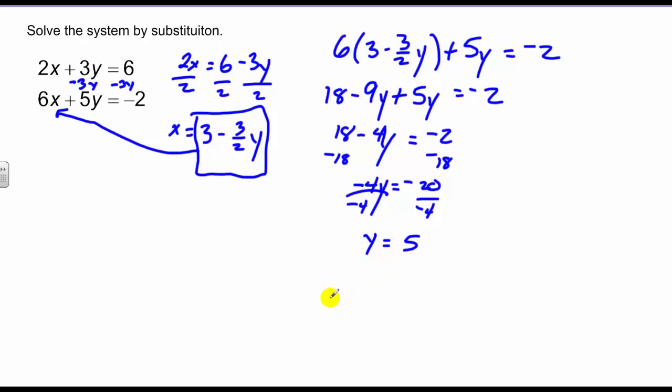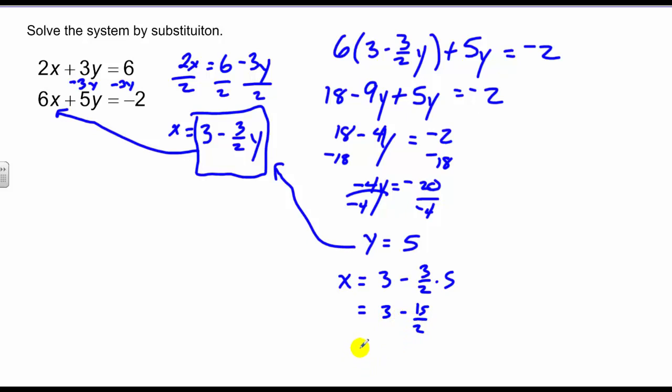I plug back into any of the equations. I'll just plug it right into here. I get x equals 3 minus 3 over 2 times 5, which goes 3 minus 15 over 2.